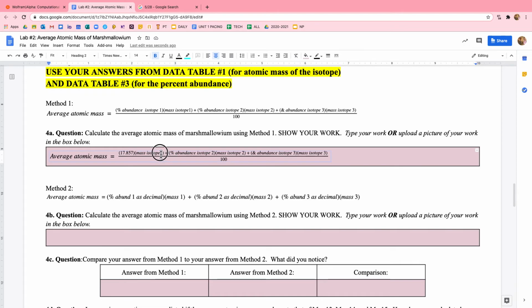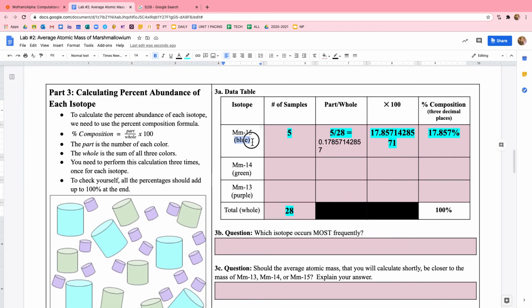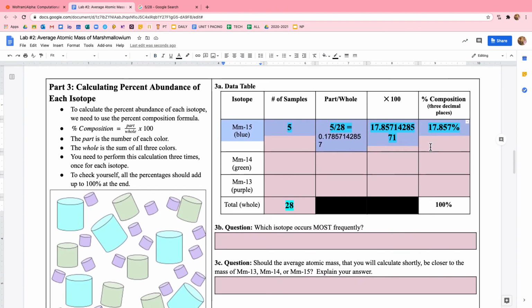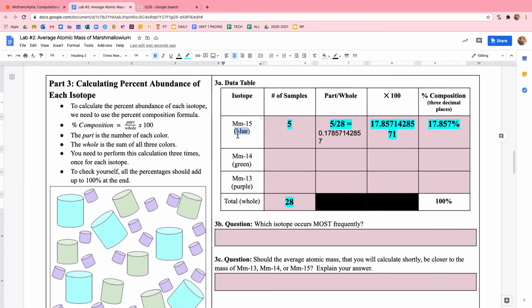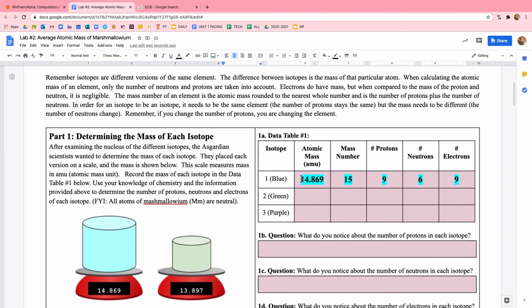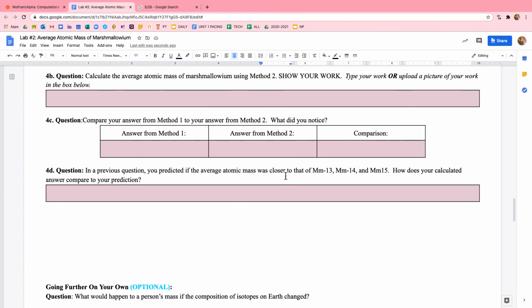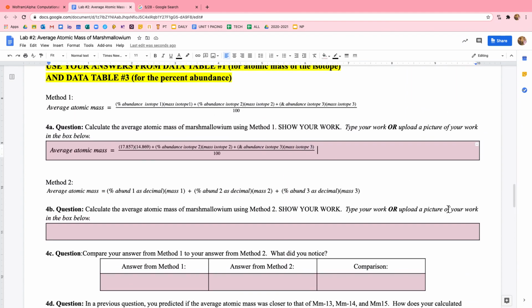And put it down here. Okay, and then I would do that for each isotope, right? You need to make sure that we're doing everything for the blue, right? I'm taking the percent composition for the blue, and I'm making sure that I'm matching it up with the atomic mass for the blue, right? So make sure you're matching up your colors, and then you would calculate this.